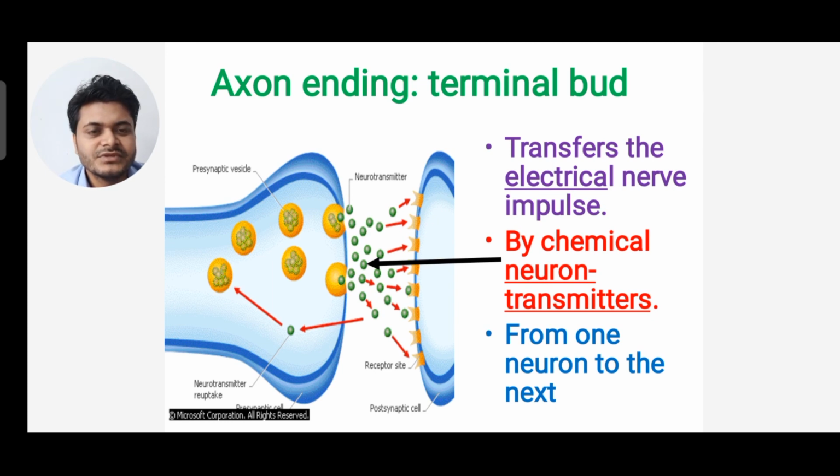The first end of a neuron is presynaptic, and the head of the next neuron, the dendrite where it connects, is called postsynaptic. So it transfers the electrical nerve impulses by chemical neurotransmitter from one neuron to the next.